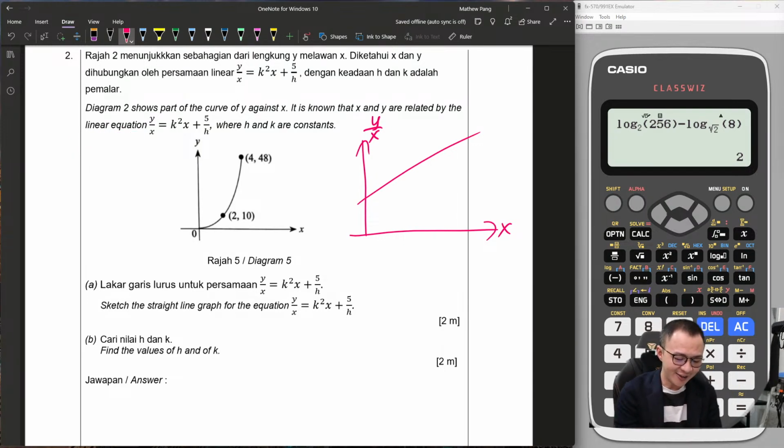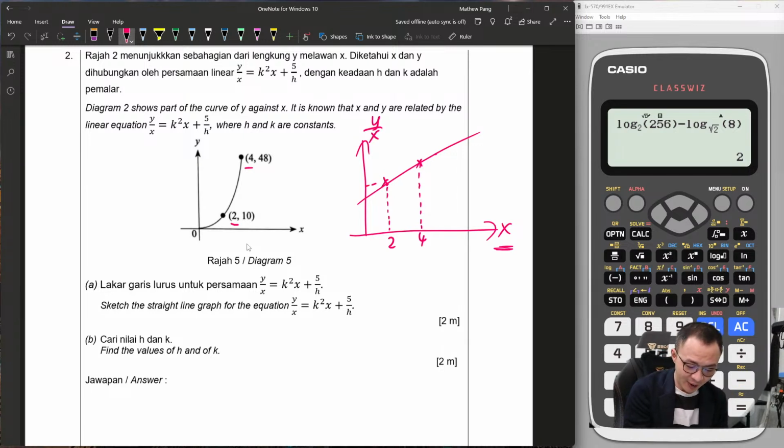They will become a straight line. So the x doesn't change, because the x here is still x. You can see this is my x, and my vertical is y over x. So my first logic is that my 2 is still 2 because the x value doesn't change, and my 4 is still 4. But the y value has changed, because my y right now is y over x.